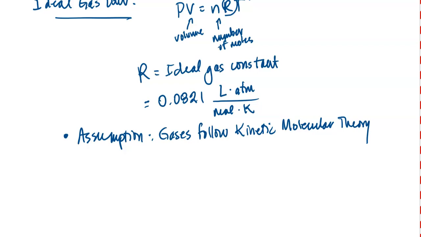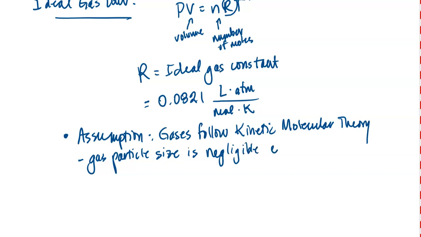But for the purposes of the ideal gas law, what that means is we're going to assume that the gas particle volume, or the gas particle size, is negligible compared to the volume of the gas container.